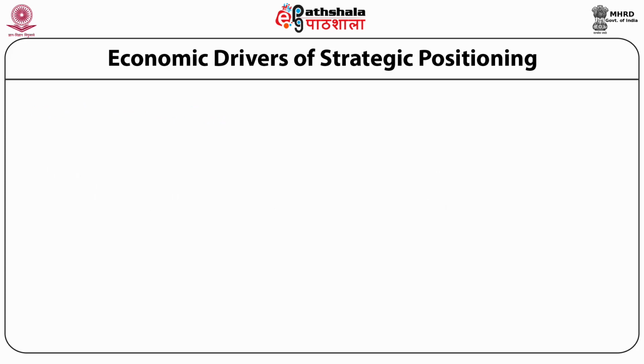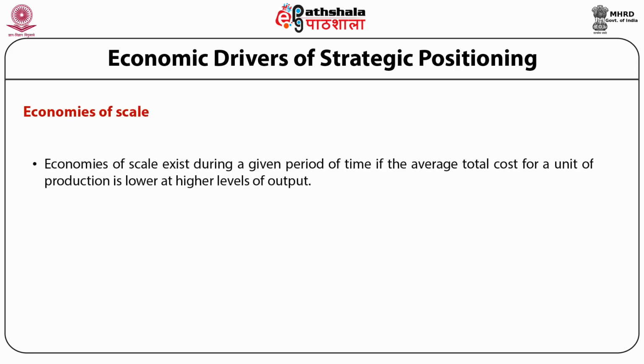Continuing with the economic drivers of strategic positioning, the next could be economies of scale. Students, economies of scale exist during a given period of time if the average total cost for a unit of production is lower at higher levels of output.